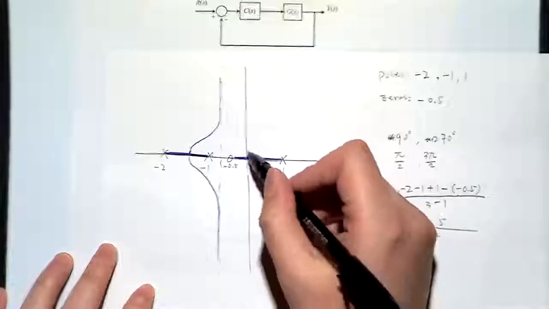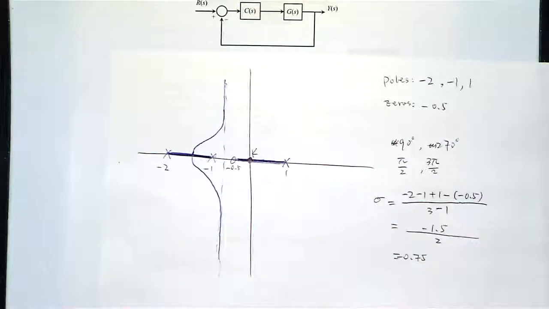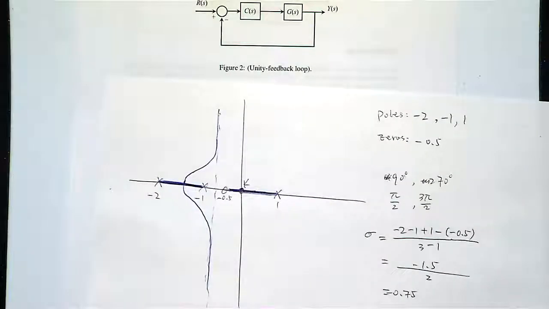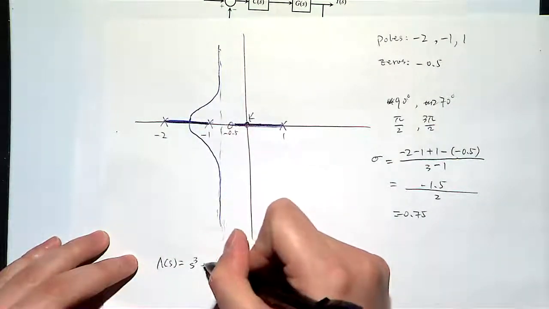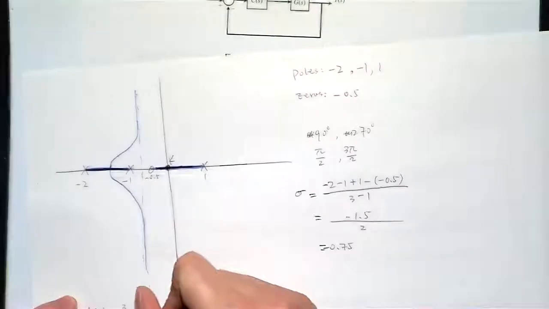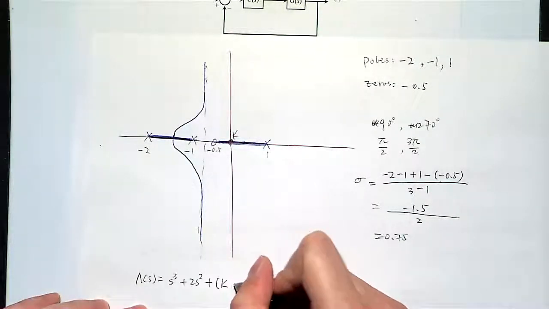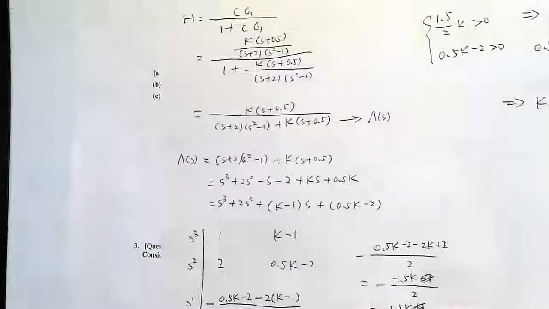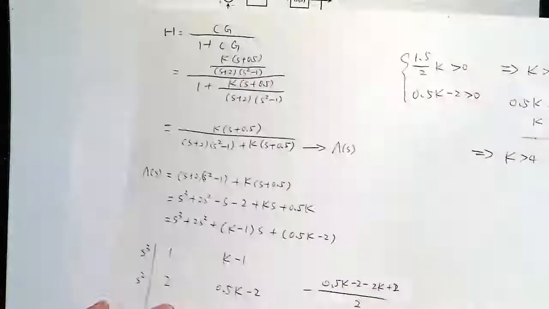So now what you need to do is just to find the K at this point, right? To find the K at this point, you can again use your characteristic polynomial. Here, right? So your characteristic polynomial is s cubed plus 2s squared plus (k minus 1)s plus 0.5k minus 2, right?